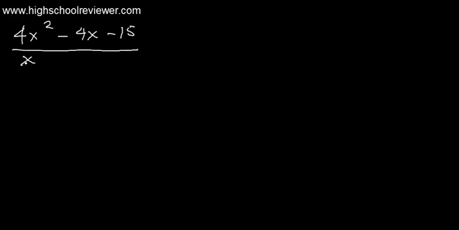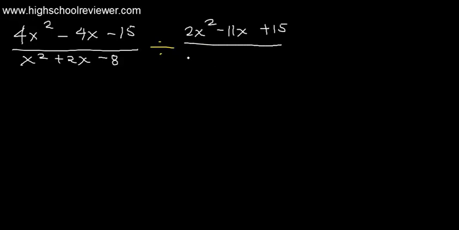Let's have another example. We have here 4x squared minus 4x minus 15 all over x squared plus 2x minus 8, and this will be divided by 2x squared minus 11x plus 15 all over x squared plus 6x plus 8.